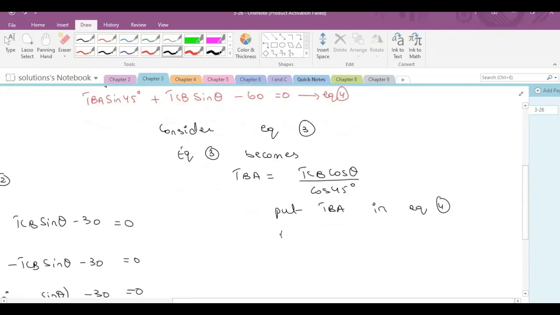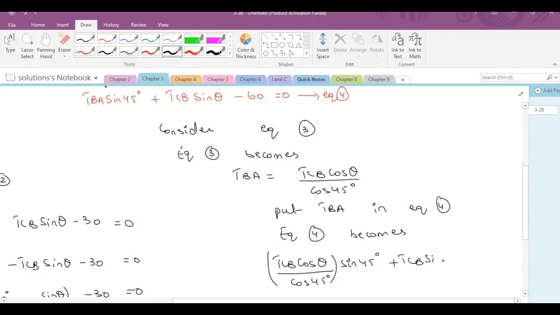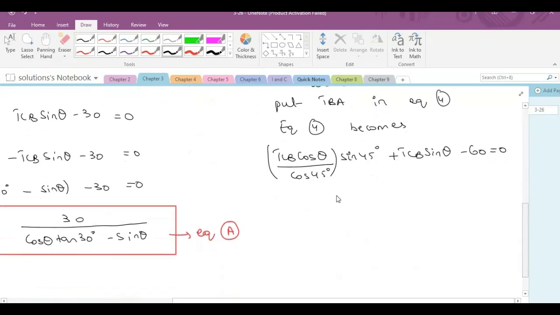So equation 4 becomes TCB cos theta over cos 45 multiplied by sin 45 plus TCB sin theta minus 60 equals to 0.